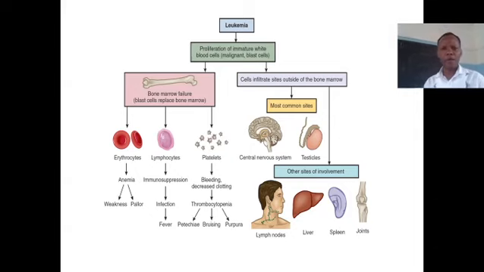Hapa tunaona summary ya pathophysiology ya leukemia. Ukiangalia vizuri juu kabisa hapa imeanza na leukemia, ambapo there is a proliferation of immature white blood cells forming malignant and blast cells.